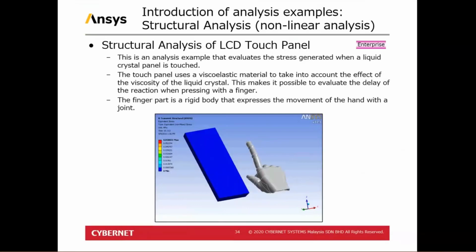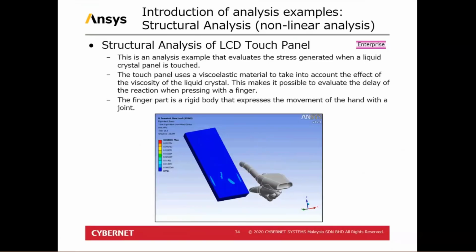This analysis was done to evaluate the stress generated when a liquid crystal panel is touched. So basically every tap and swipe input from the human hand creates a pressure on the screen, subsequently on the liquid inside the screen itself. So how does it work?